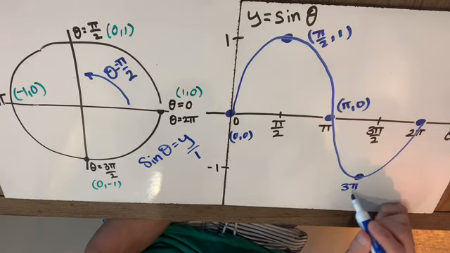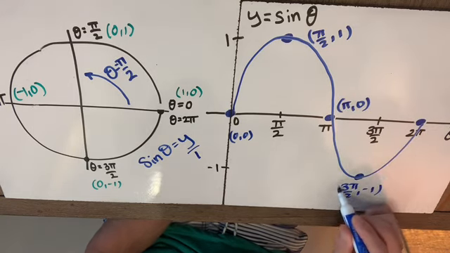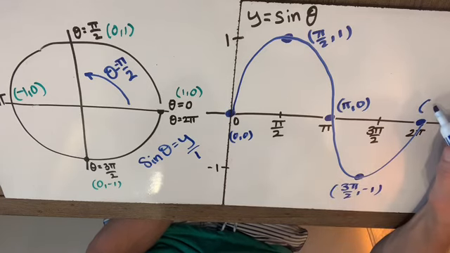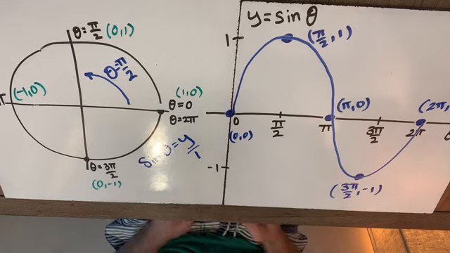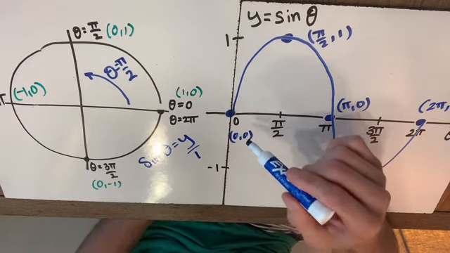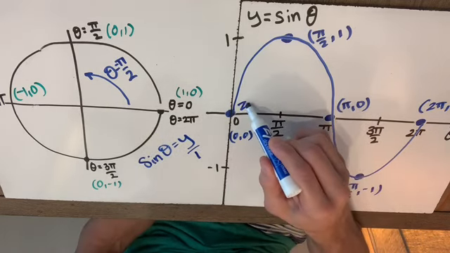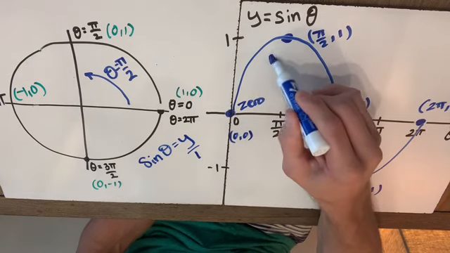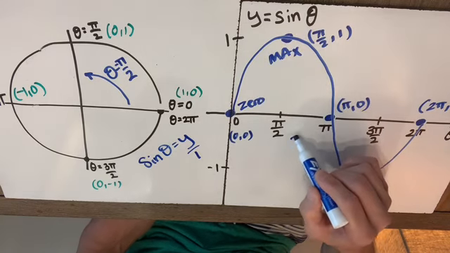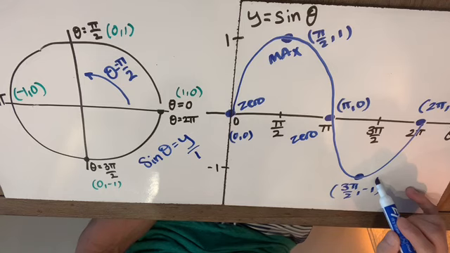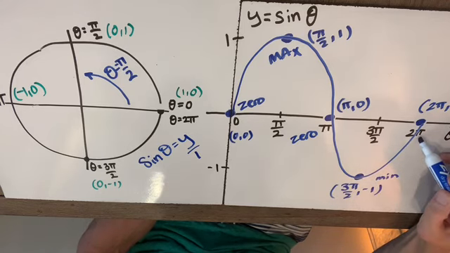Down here we have 3 pi over 2 comma negative 1, and at 2 pi we have 2 pi comma 0 again. Now this graph goes 0, maximum of 1, 0, then a minimum of negative 1, and then 0.